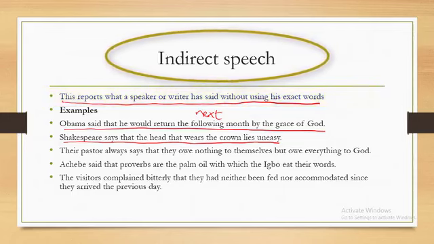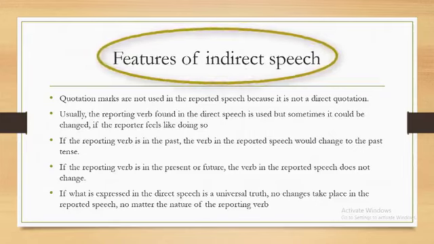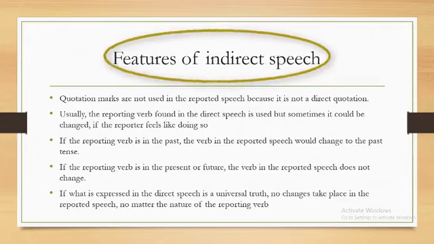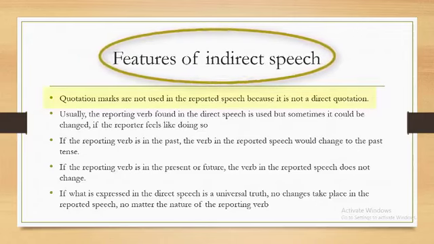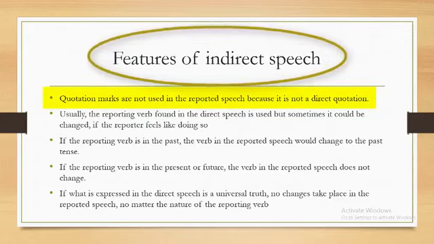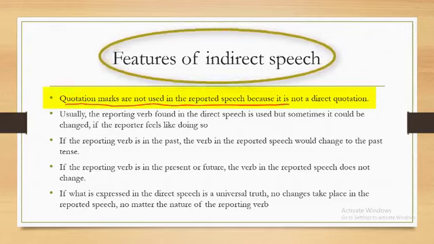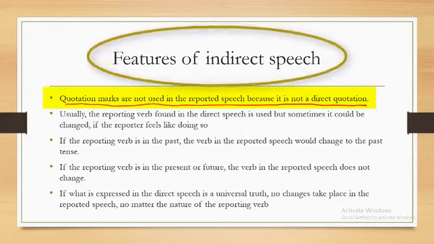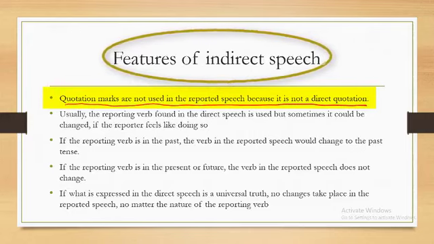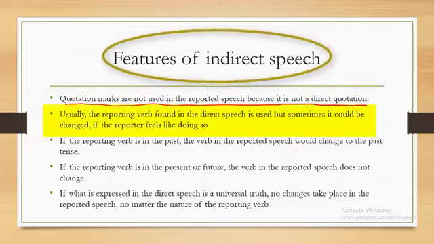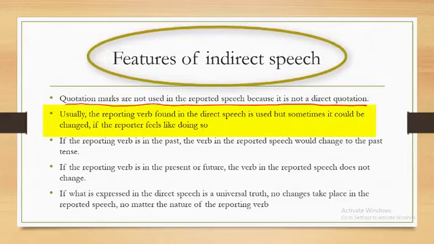So let's look at the features of an indirect speech. How do we know that a particular expression is an indirect speech? Number one, we don't make use of quotation marks, unlike direct speech where we make use of quotation marks. Also, the reporting verb in the direct speech could change form.